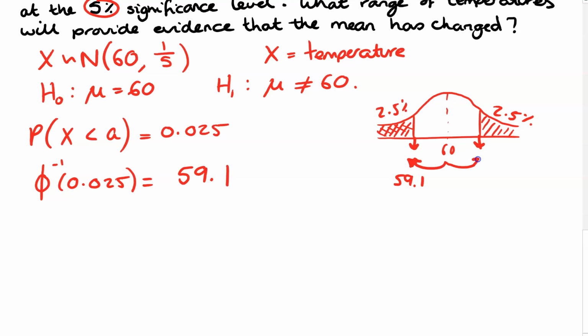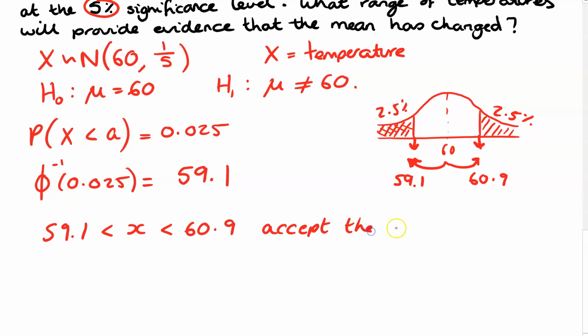So this one must have gone up by 0.9, so that must have been your top level. So from 59.1 to 60.9, that is in the acceptance region, so it's accept the null.